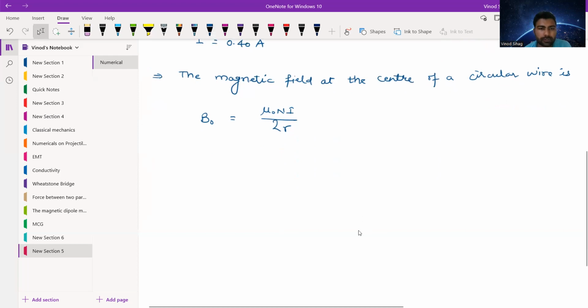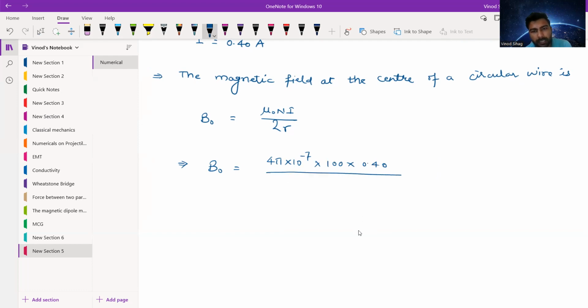Now we will put the values. So what are the values here? The value of mu naught is, as we know, 4 pi into 10 to the power minus 7. And the value of number of turns is 100 as given. And the current is 0.40 ampere. And in the denominator, it will be 2 into R. So the value of R is 8.0 into 10 to the power minus 2.